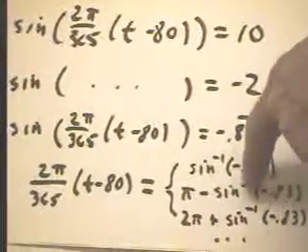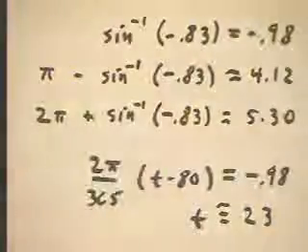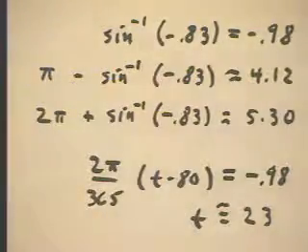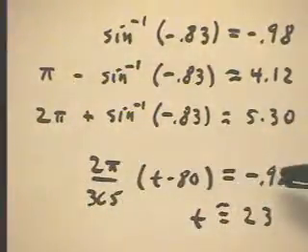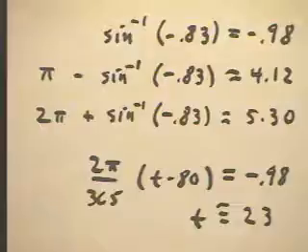Again, corresponding to the quantities that we get here. We're just putting numbers on these three quantities. Then we set 2 pi over 365 times t minus 80 equal to each of these quantities in turn, and see which ones turn out with solutions for t that lie between 0 and 365.